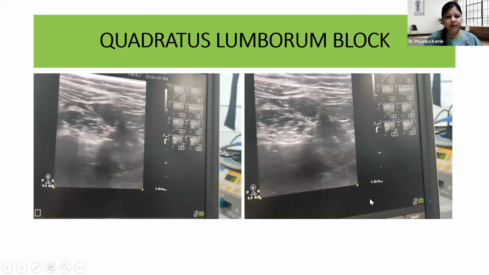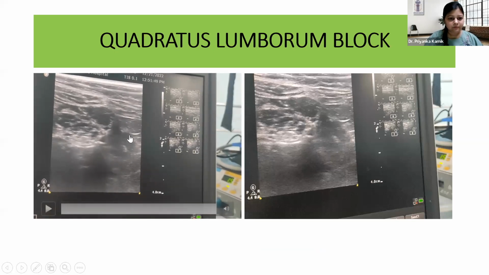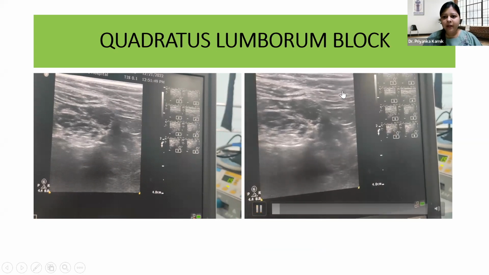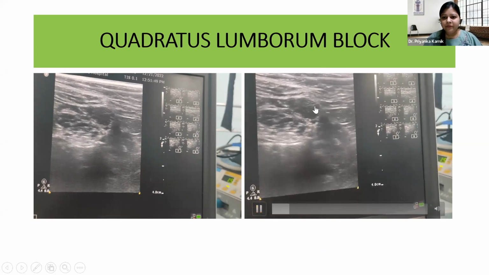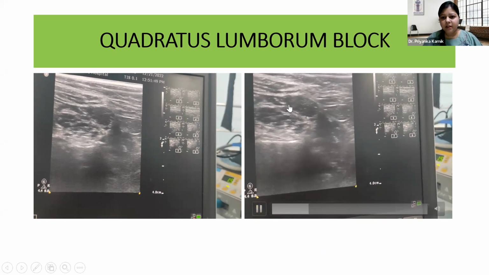So we'll be able to see better in this image. Here you can see that this is the transverse process, this is the QL muscle, and this is the psoas major muscle. The patient has to be placed in the lateral position, and the probe is placed between your costal margin and the iliac crest. Now while injecting, you can see that the needle is approaching and will pierce the QL muscle, which is the hypoechoic muscle here.